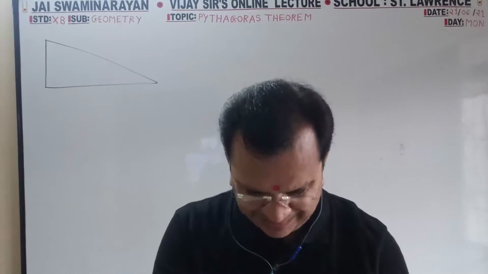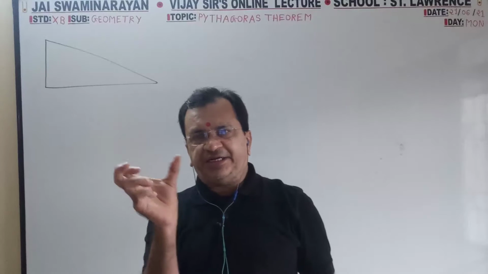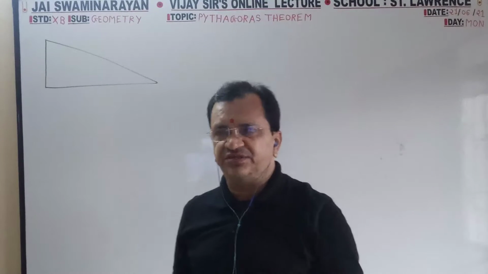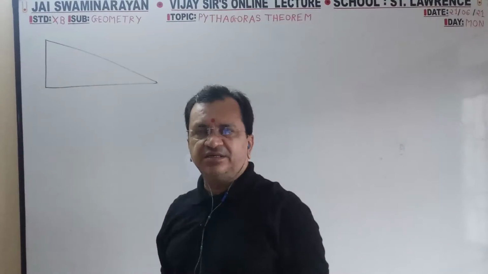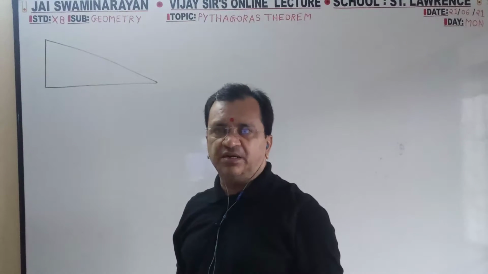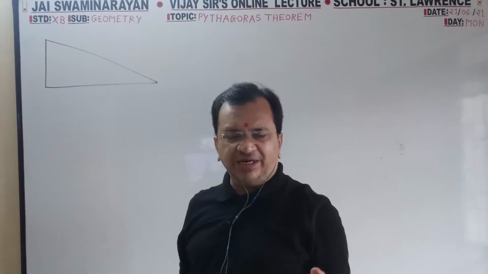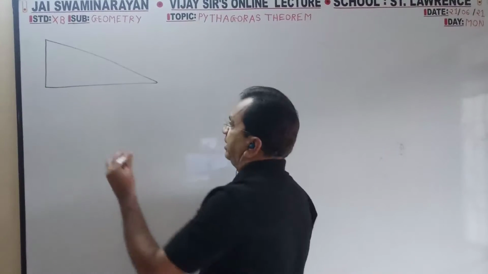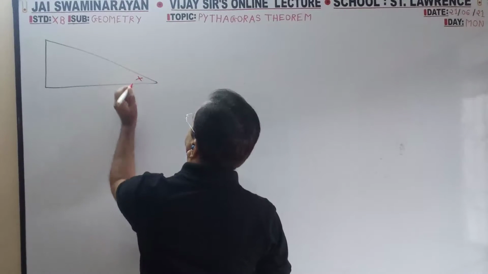So height and base, there is a double difference. Compared to height, take base double. So the smallest angle is x.